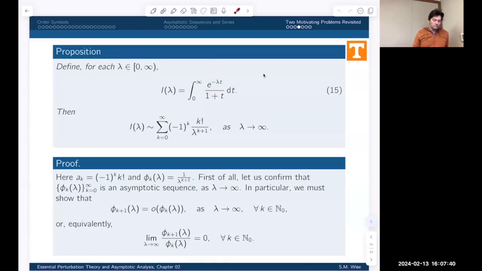If t was located in some finite interval of interest, then we could probably argue that as lambda gets large, this contribution is getting smaller and smaller, vanishingly small.